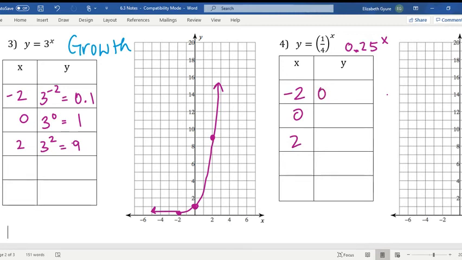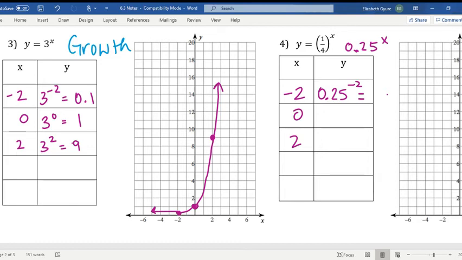So you're going to do 0.25 to the -2 first. If you're using your iPhone calculator, be careful here. You're going to click your 0.25 and then your X to the Y button. And then click your 2, then your plus minus, then equals.